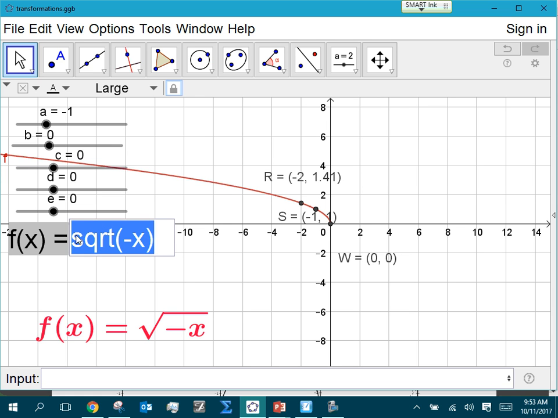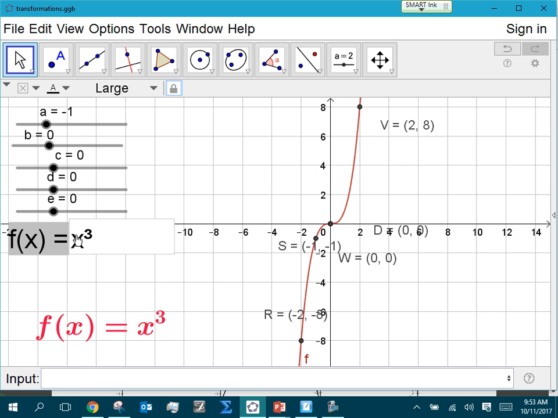If I'm dealing with, I don't know, let's go the cubic. Think about what that's going to look like if you flip it over the y-axis. Would it look something like that? So I'm going to multiply the x by a negative before I cube it.